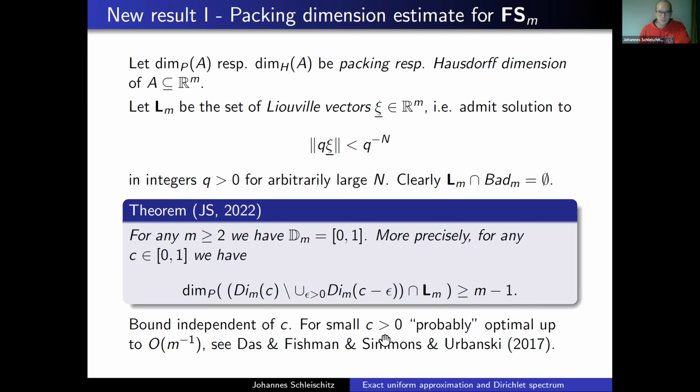And for small c, it seems to be close, up to an addition of 1 over m plus 1. It should be optimal. This seems not to be quite clear, but it's suggested by these preprints, one of them published, of Das, Fishman, Simmons, Urbański. So we are really quite close to what should be expected.